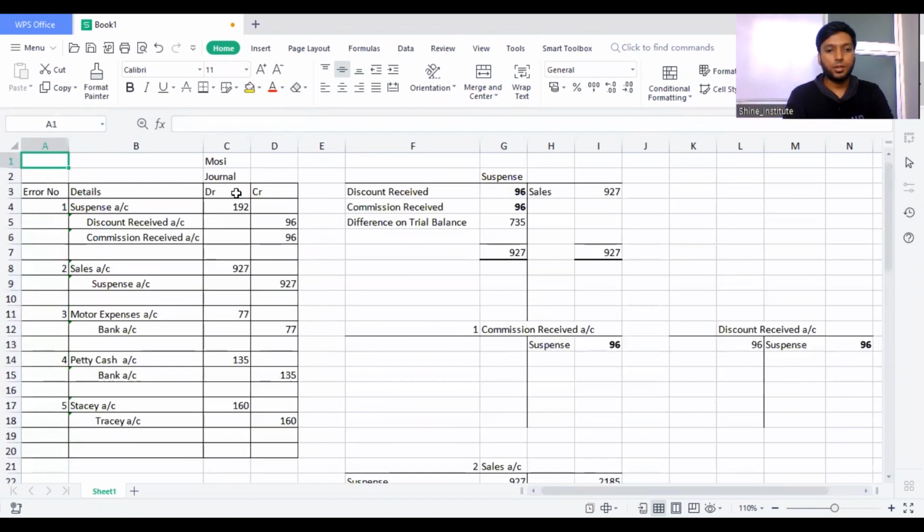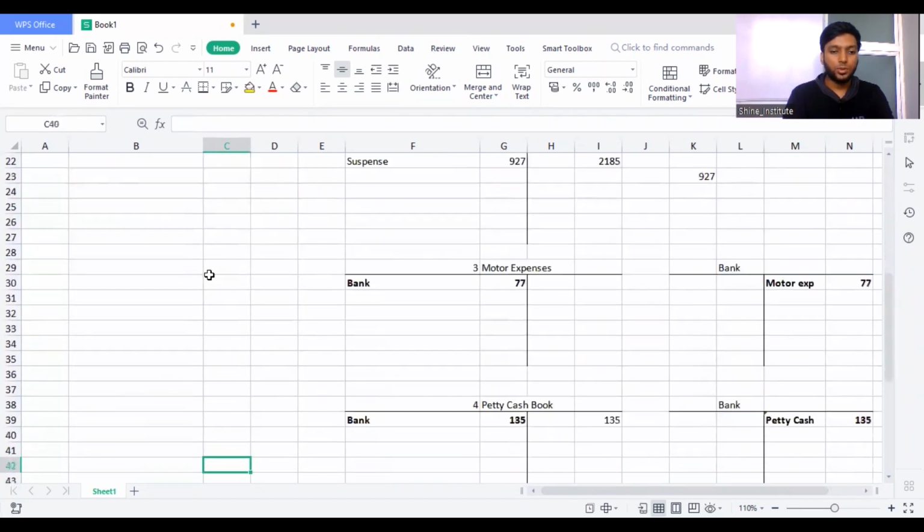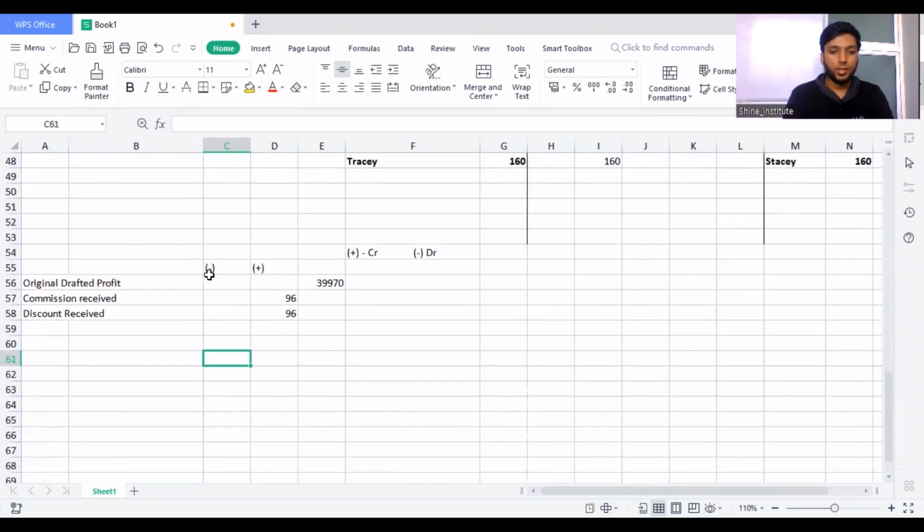So moving on to the next part of the transaction, we have sales account and suspense account. Sales is related to the income statement. But this is a debit in sales, so you should be deducting 927 out of the original profit. Suspense account we don't take. So 927 should be deducted on the opposite side, saying sales. Easy, right, guys?